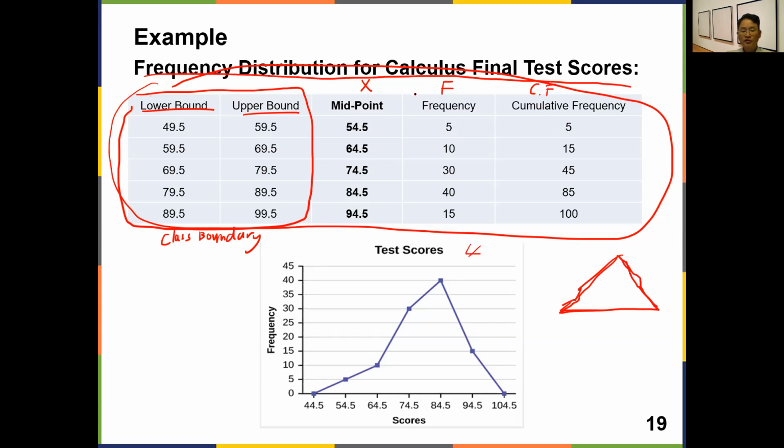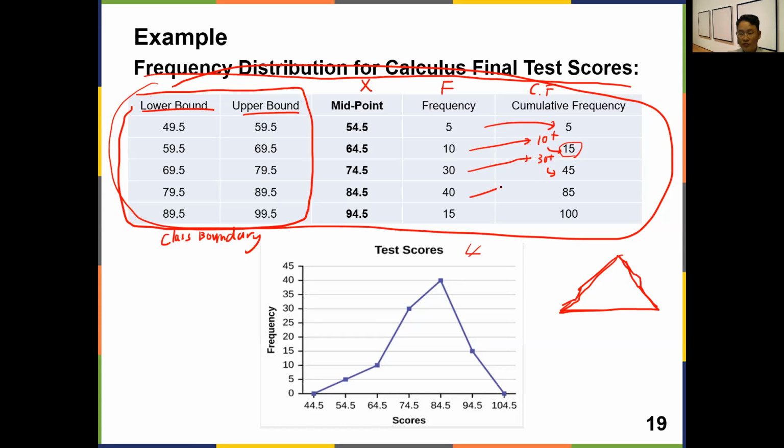Well, first of all, cumulative frequency, the first one is just the same. But to 5, you add 10 from here to get this. To 15, you add 30 to get 45.